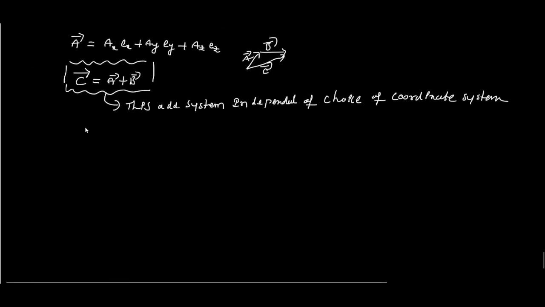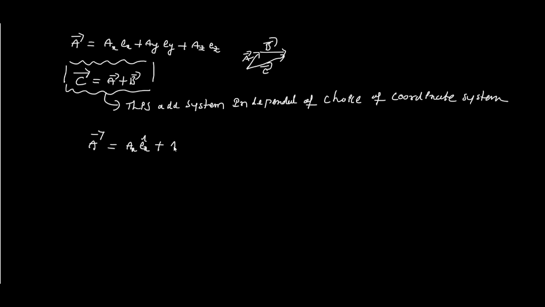So the vector is represented by the three-dimensional vector ax ex plus ay ey plus az ez. Here ex, ey, ez are the unit vectors.